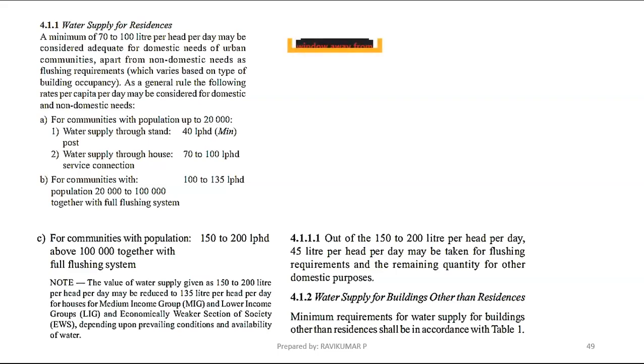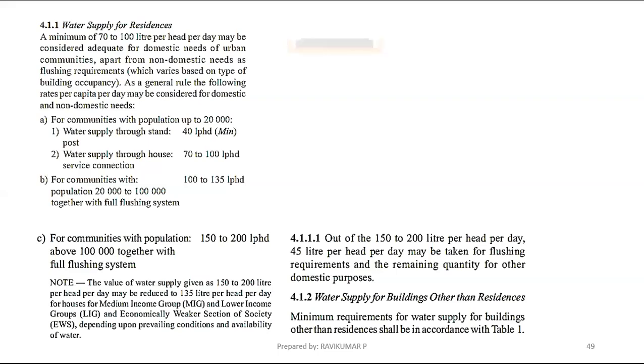For communities with a population above 1 lakh, together with a full flushing system, you have to take 150 to 200 liters per head per day. This is for luxury bungalows and similar buildings, up to 200.